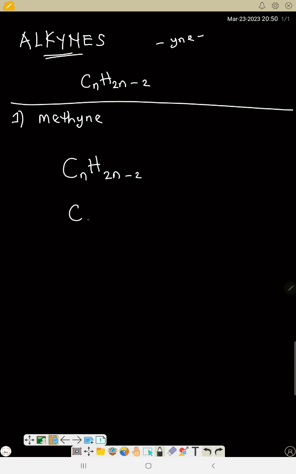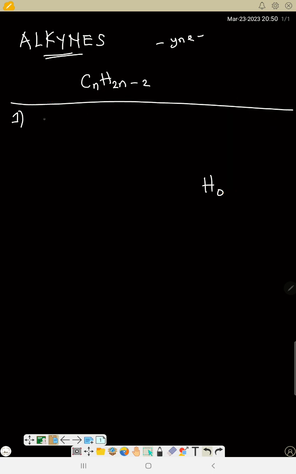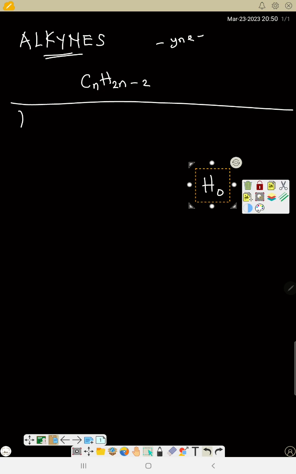If n is 1, then C1 H2(1)-2, that is C1 H2-2, which is C1 H0. Meaning one carbon and no hydrogen. So it's not possible. That means methyne does not exist, so it's not possible to draw the structural pattern.